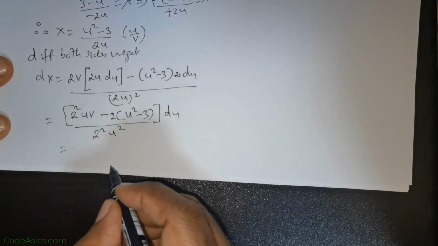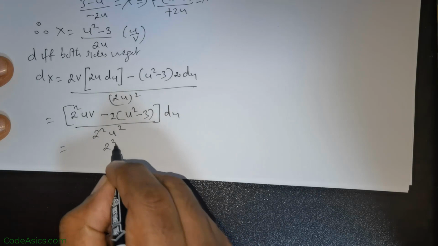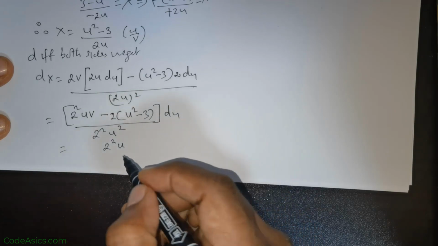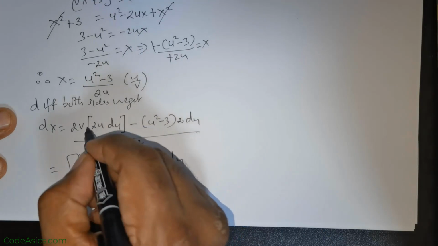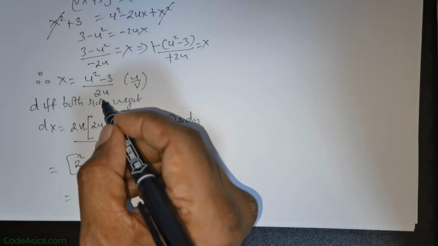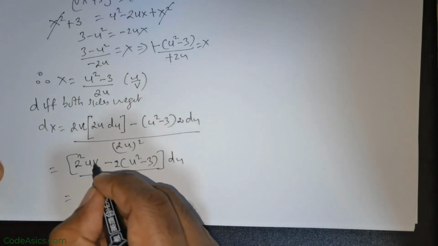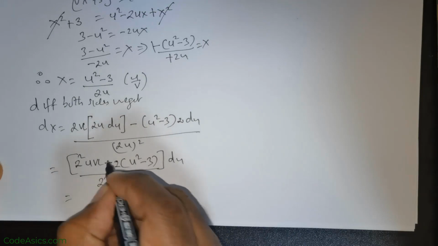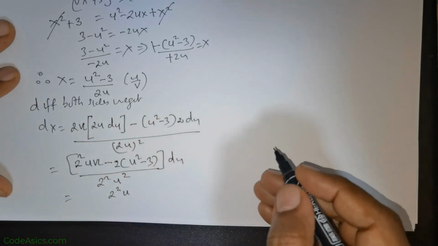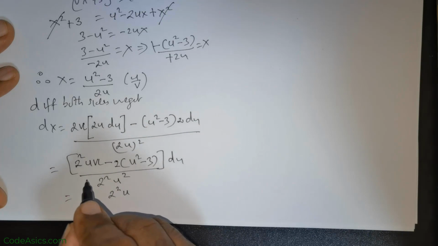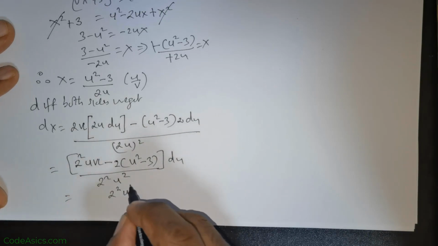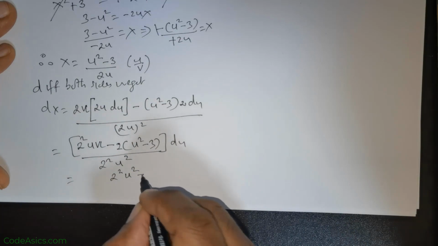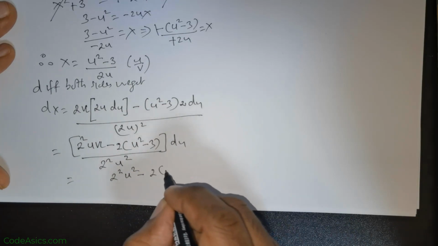Now this can be further rewritten as 2 times u squared, where 2 times u, I'm just taking it as v, it's u. So this is going to be 2 squared times u into u is u squared, minus 2 times.